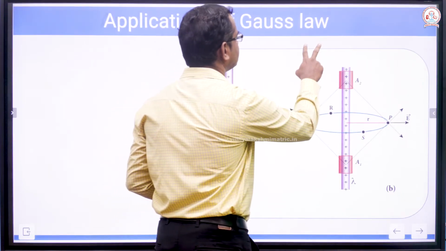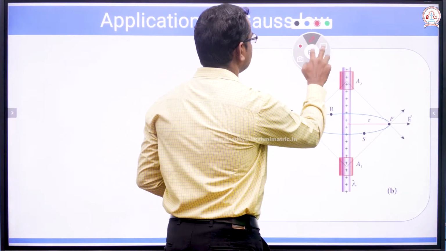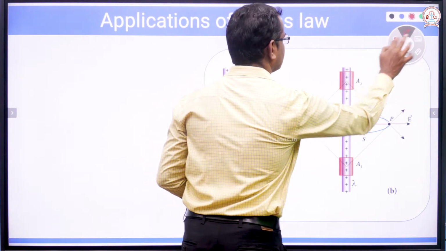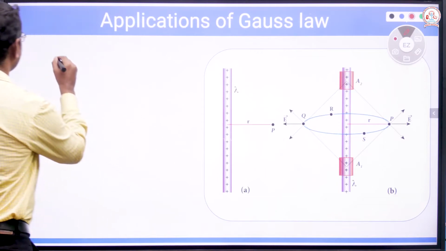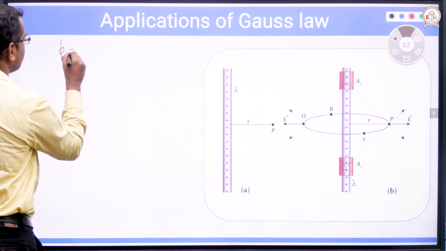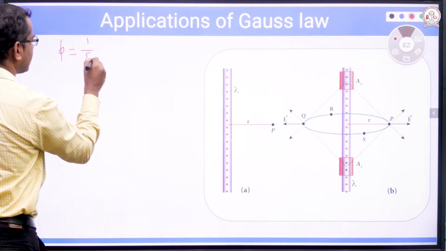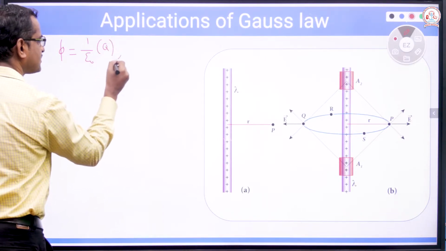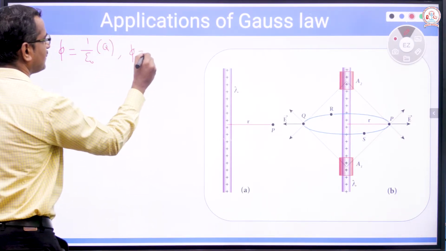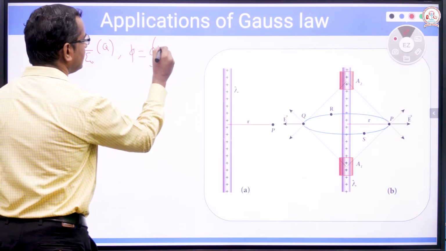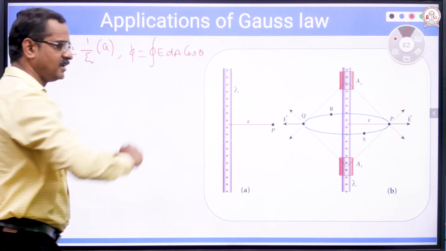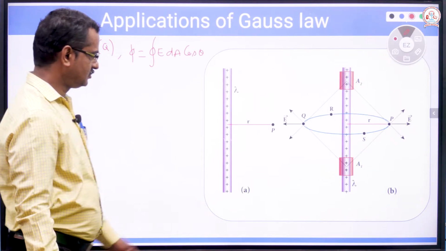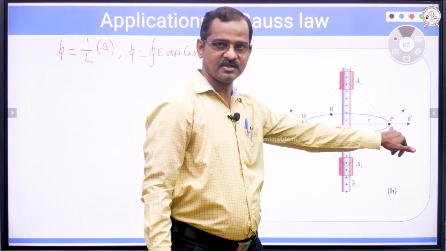Flux phi is equal to 1 by epsilon naught times the charge enclosed by the surface. Flux phi is equal to closed integral E dA cos theta.